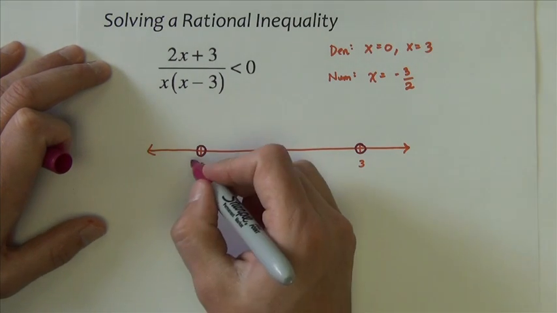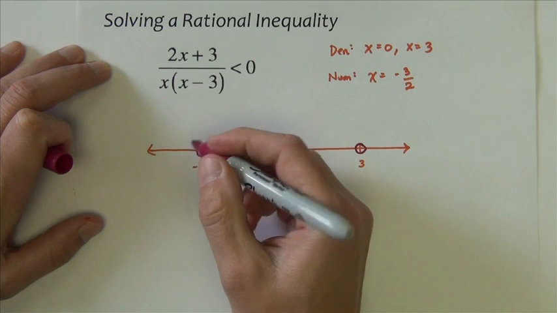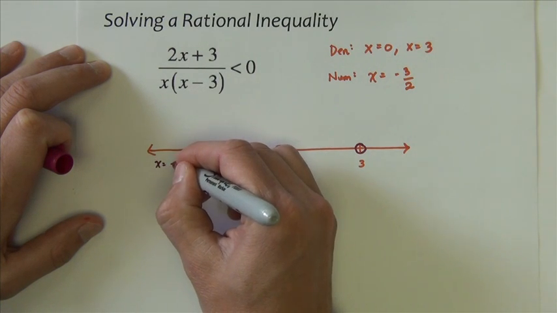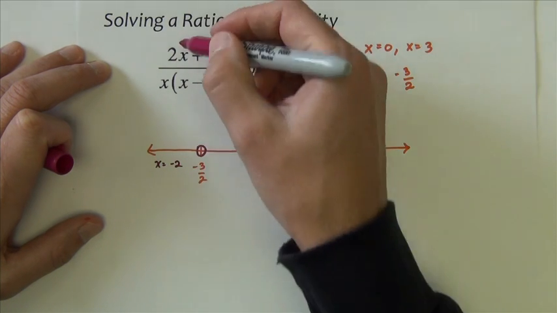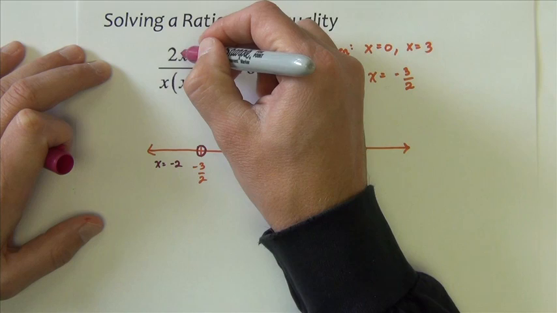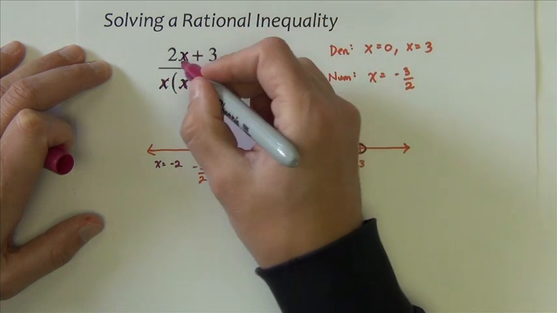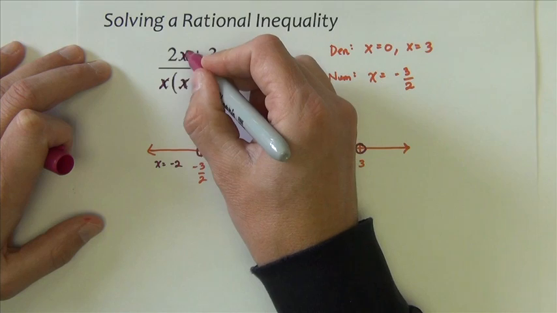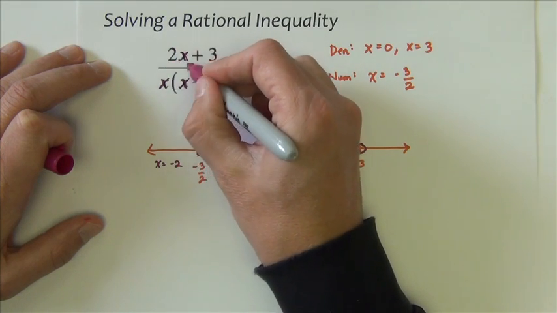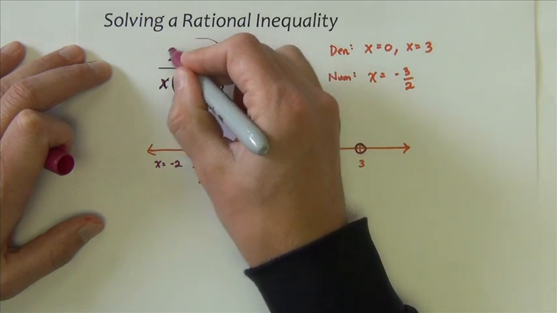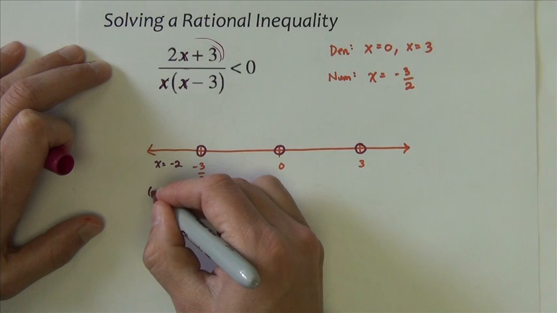I'm going to pick a number that is less than negative 3/2, maybe negative 2. I'm going to put it in for all of the x's. If I put negative 2 here, that makes negative 4 plus 3, which is negative.